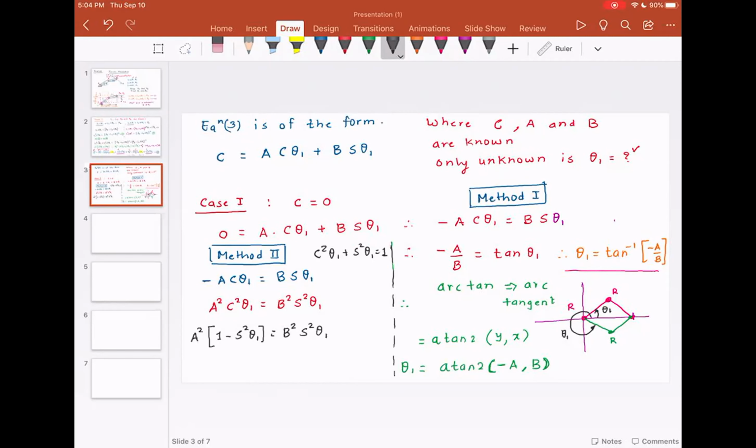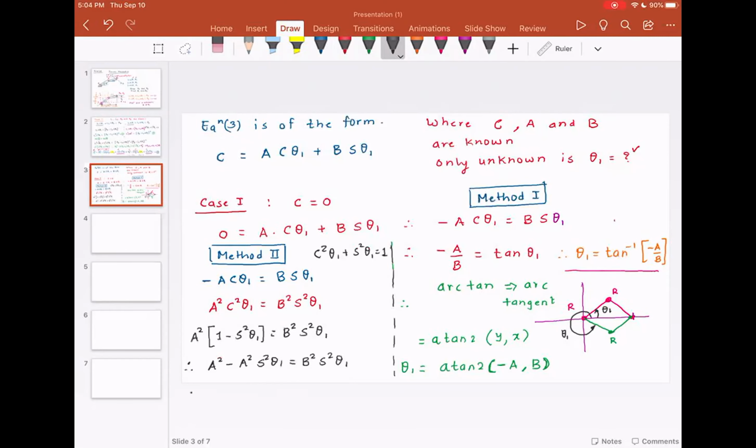And now, as you can see, this entire expression is only in terms of sine square theta 1. So this expression can now be rewritten as a square minus a square sine square theta 1 is equal to b square sine square theta 1.